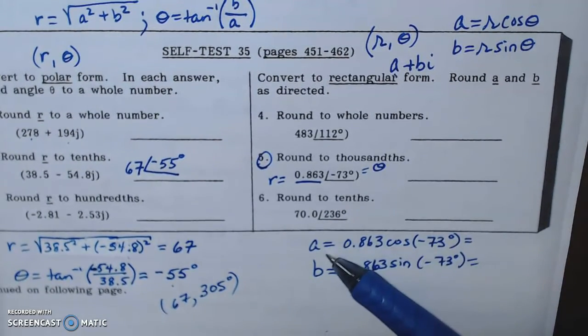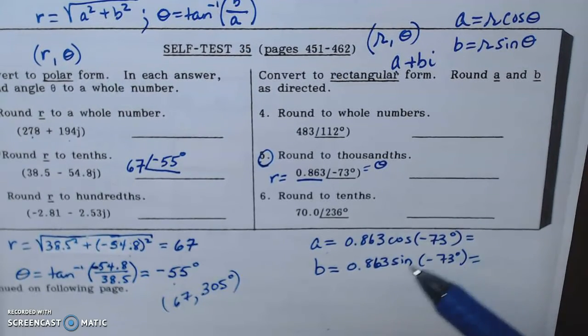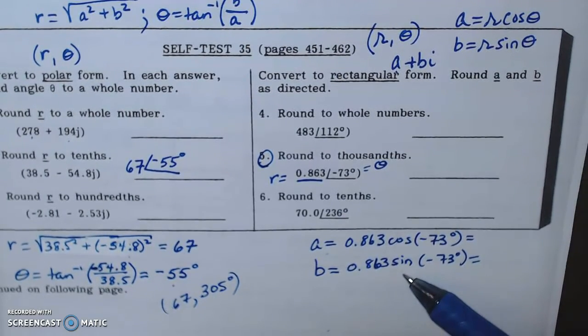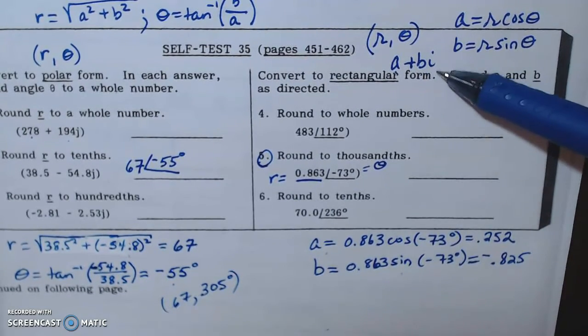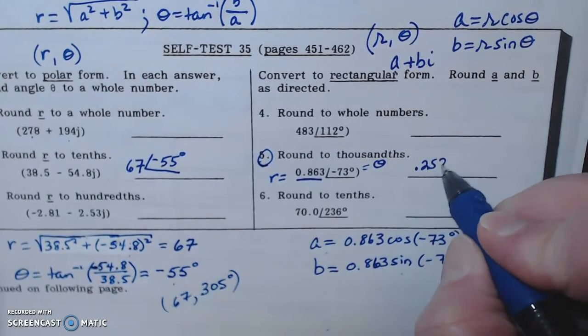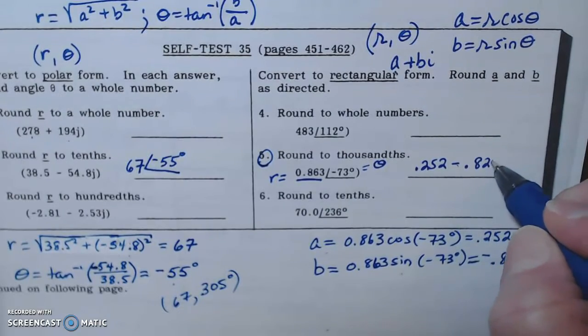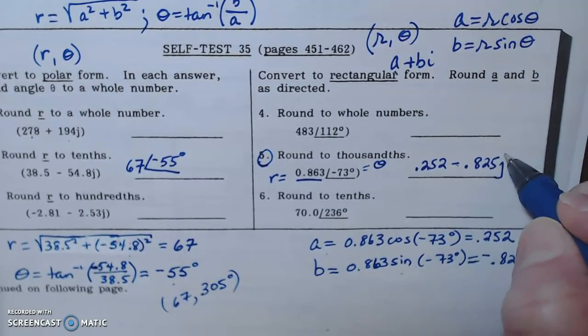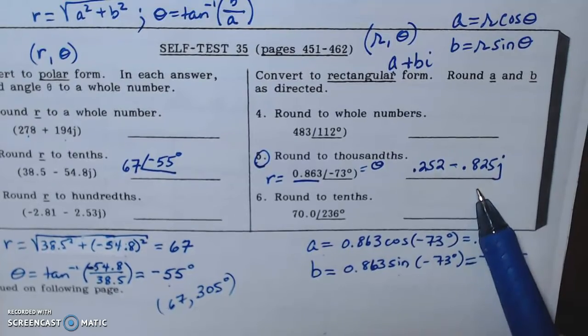So to find a, I've got 0.863 times cosine of negative 73. For b, I've got the same thing but times sine, and I get the values shown here, and then I put those together in the a plus bi format. So 0.252 for a minus 0.825 j or i for your complex number in rectangular form.